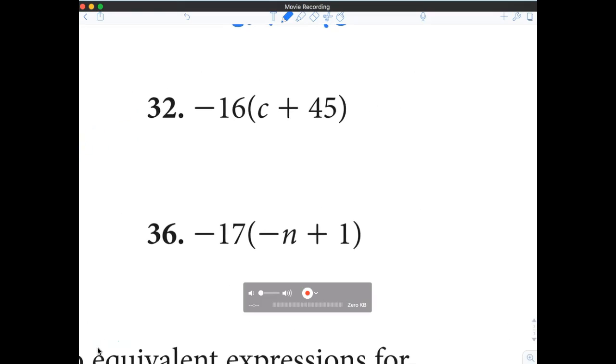32. Negative 16. Now, let's do 45 times 16. We know it's going to be negative. All right? What's 45 times 10? So in your mind, you're keeping 450. Now, what's 6 times 40?